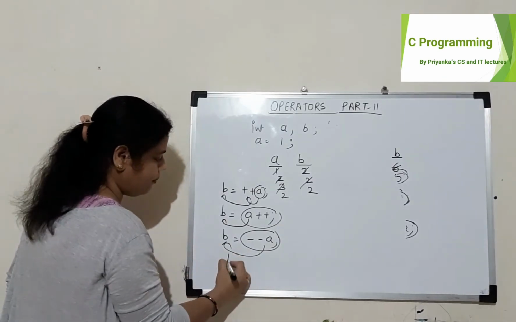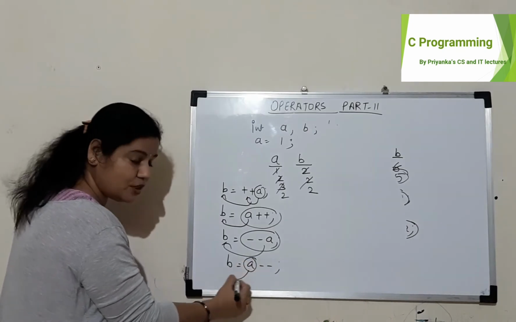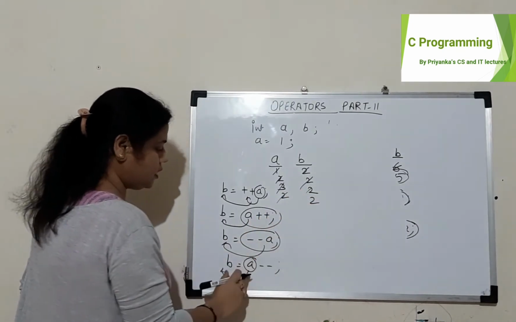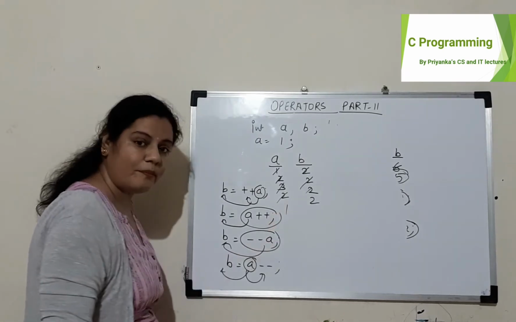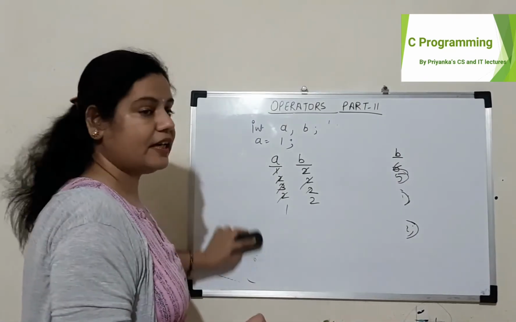If I say b = a--, then first of all it will assign its value into b because it's a post-decrement, and then it will decrease its value by 1. This is the main difference between pre and post increment/decrement.